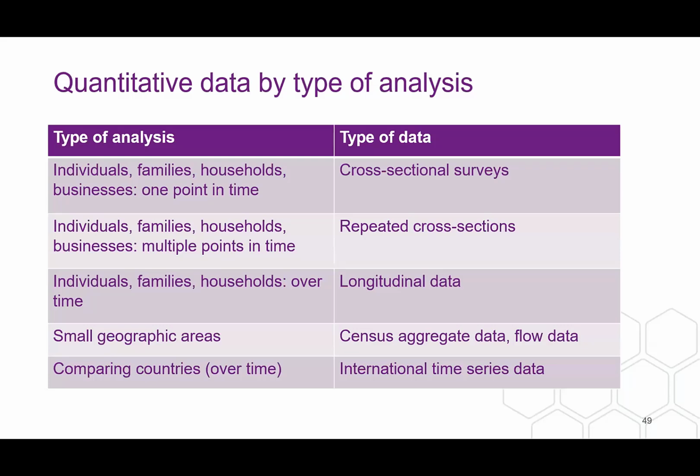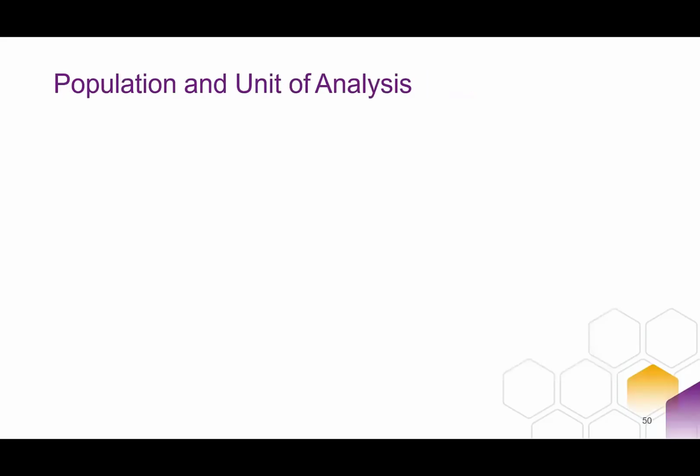If you are interested in specific small geographic areas, the census data will provide information on that. And if you want to compare countries at a higher level over time, international time series data might be suitable. And information on all the data types is also on our website as well.